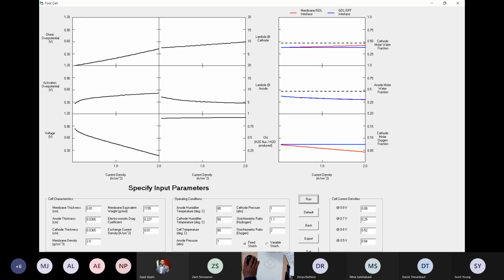I suspect this is 1 atmosphere gauge pressure, that what we see here, not 1 atmosphere absolute. So it needs to be flowing. Yeah, you have to blow it through. So I'll be sending you the paper that describes the program, and it tells you the units of everything here and exactly what's going on.